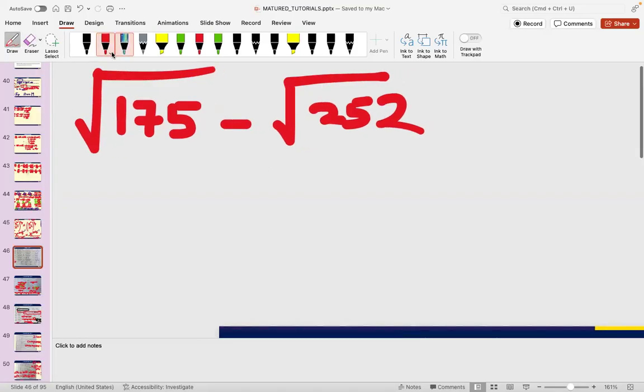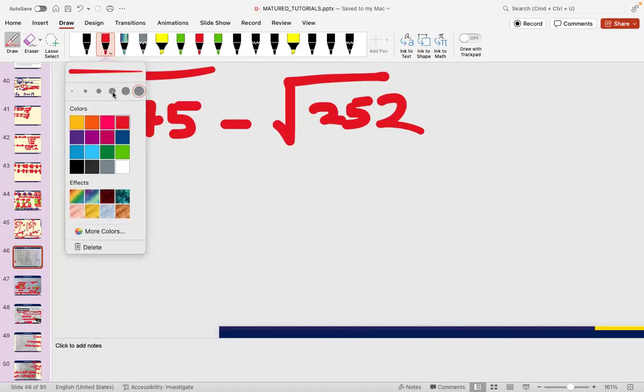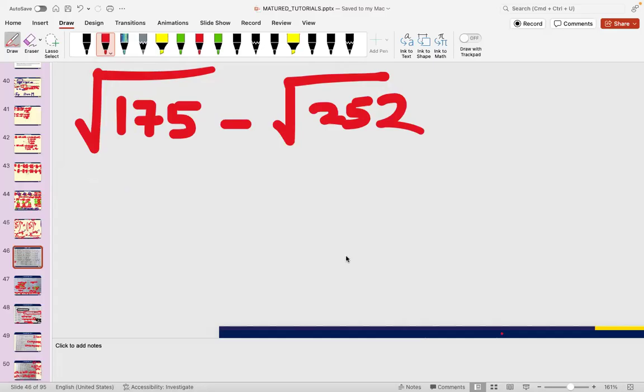Now, this is the strategy. Ask yourself what you can do to this 175 so that one number will come outside the root sign and the other will stay. In other words, if I give you an example like this, square root of 50.